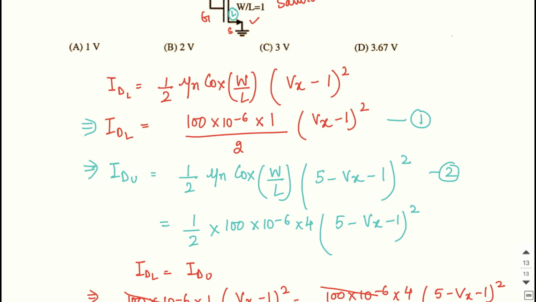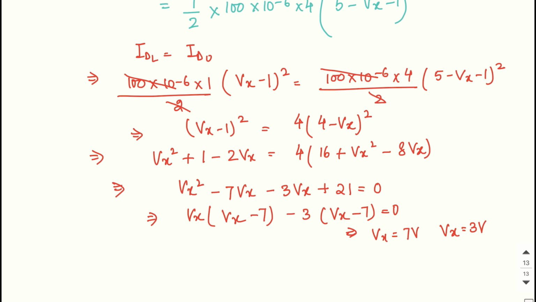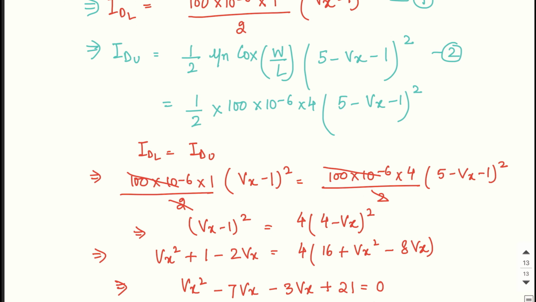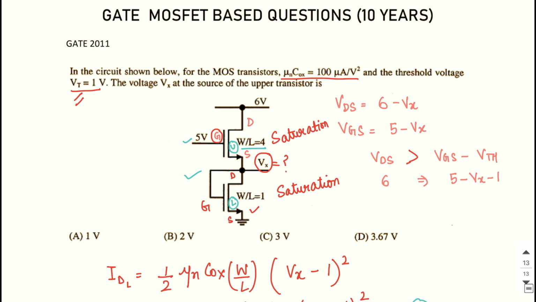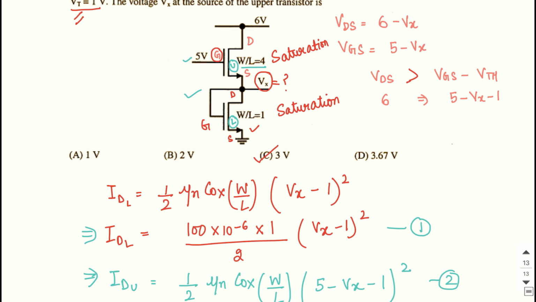So definitely this result that Vx is equal to 7 volt is not possible, and hence the possibility left out is Vx is equal to 3 volt. So yes, the answer to this question is Vx is equal to 3 volt, and in fact 7 volt is not there in the options also, so there is no need of thinking about it. We have the correct option, that is 3 volt.